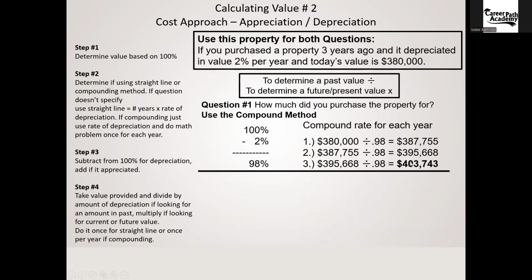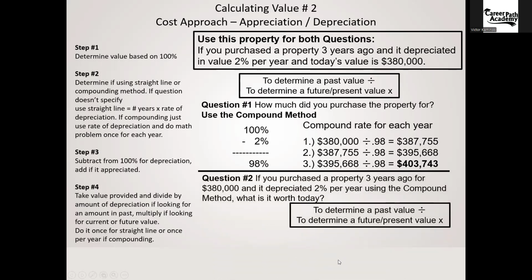Now, if I told you to do the straight line method, oh, this is a little bit different. This isn't straight line. This is a different problem. This one's saying if you purchased the property 3 years ago for $380 and it depreciated 2% per year using the compound method, what's it worth today?